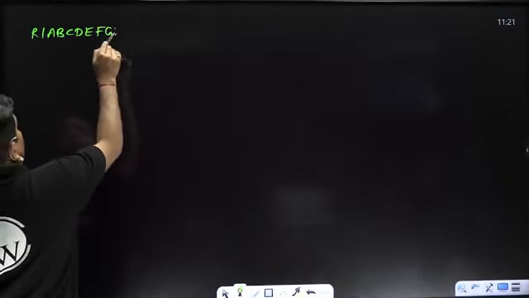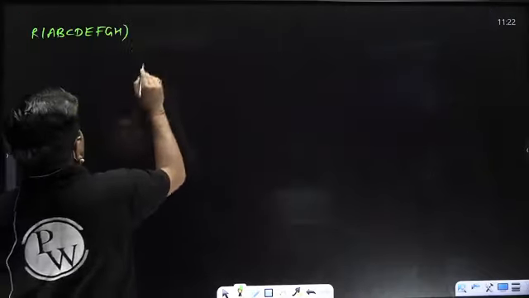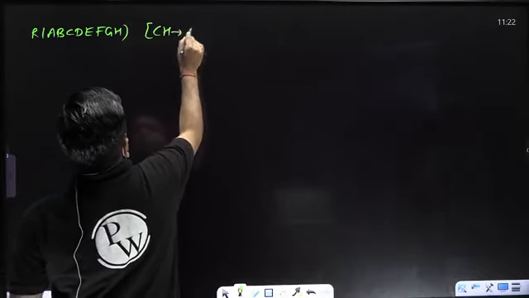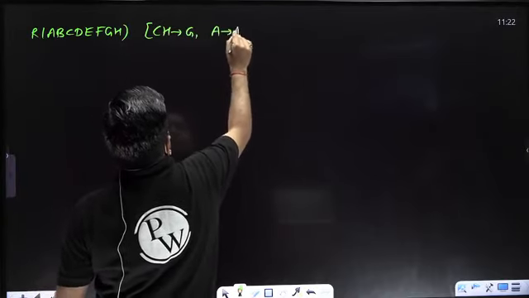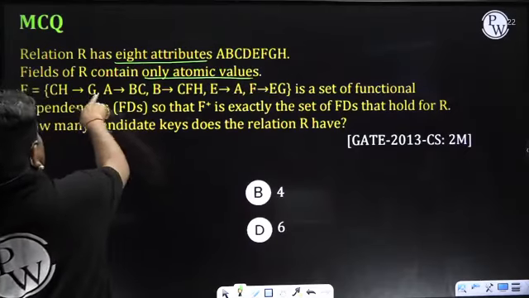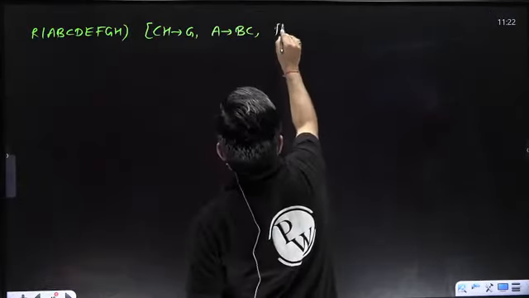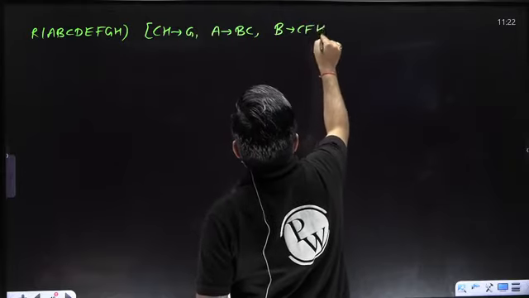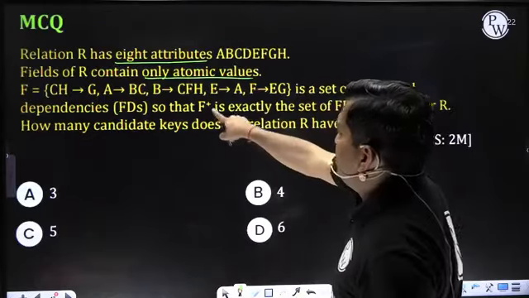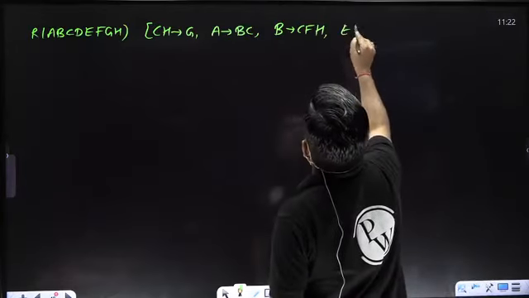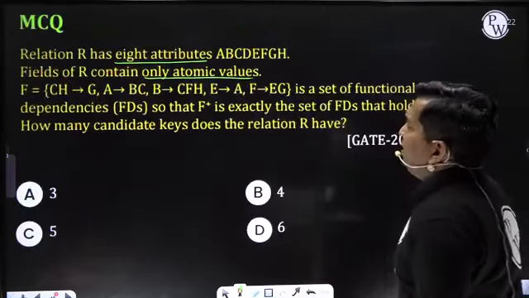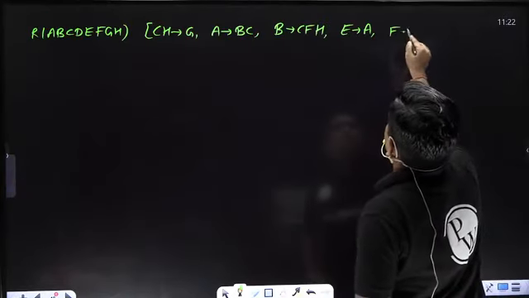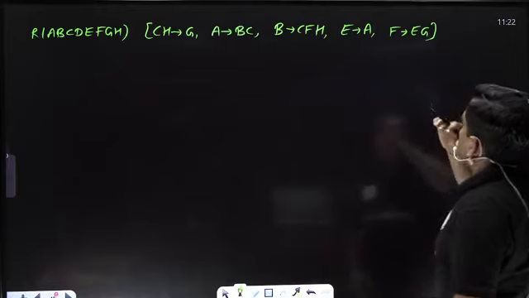We will check. So first of all, we will write the schema and the FD set: R(A, B, C, D, E, F, G, H). And what are the FDs? CH determines G, A determines BC, B determines CFH, E determines A, F determines EG.